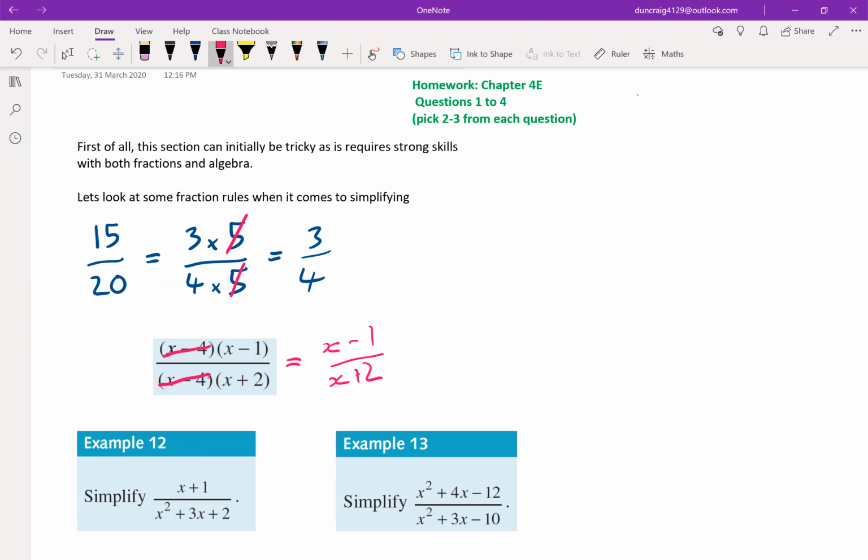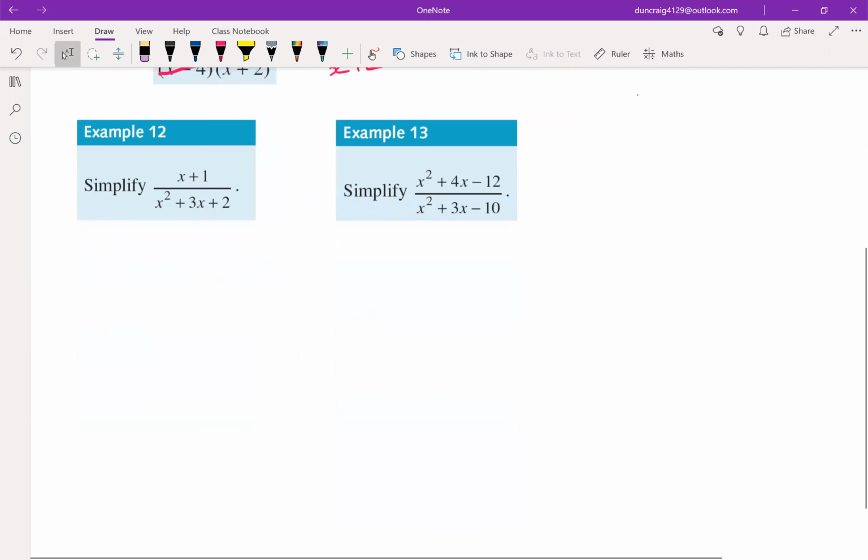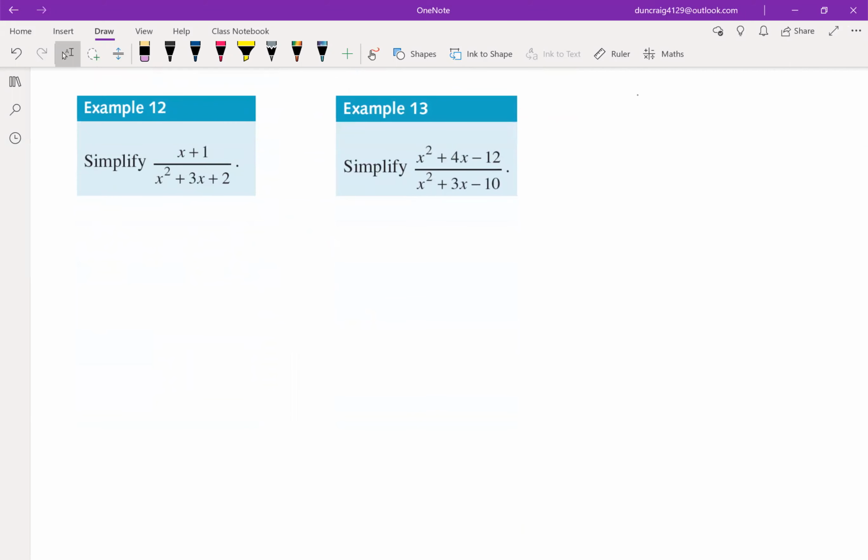Let's come down to some slightly trickier ones. In this first example 12, we've got x plus 1 over x squared plus 3x plus 2. I can't simply go, I can cancel out those two x's like that. Firstly, we need to identify factors for both the numerator and the denominator.